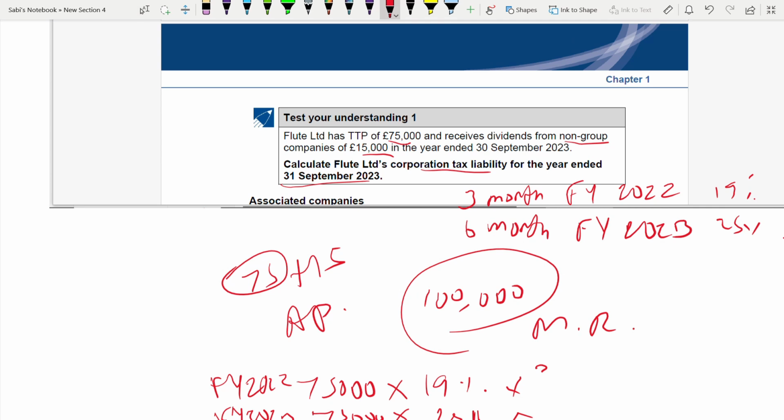They told us to calculate for the year ended 30th September 2023. Okay, this is not 31st, it's 30th September. So now augmented profit is not 100. 75 plus 15 is 90,000. So it falls between 50 and 250.